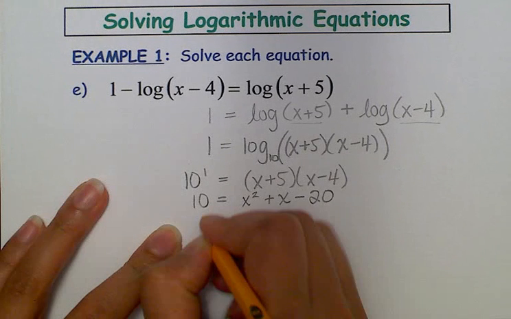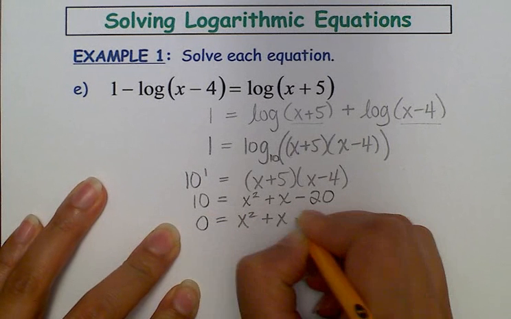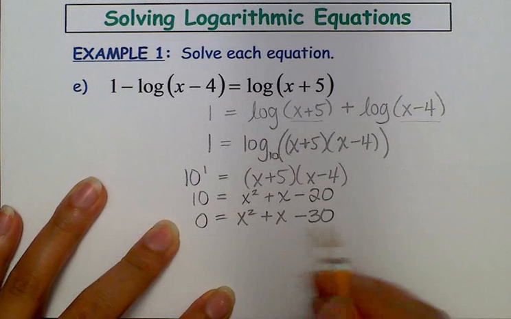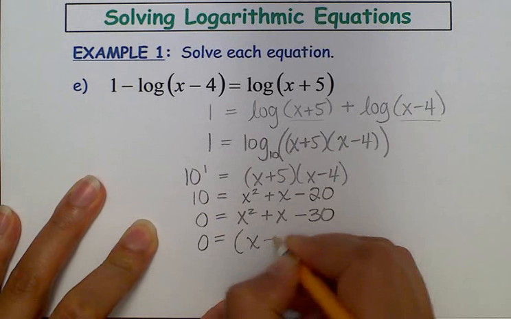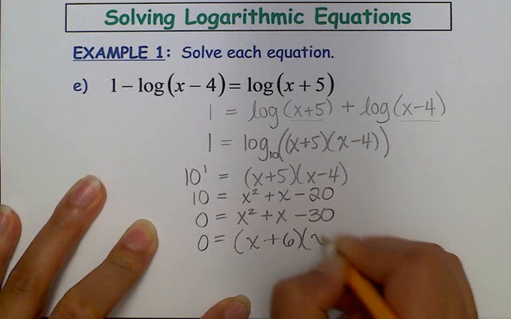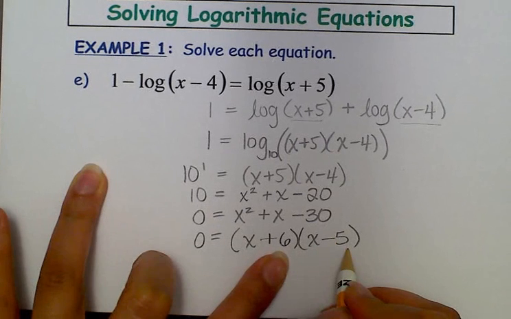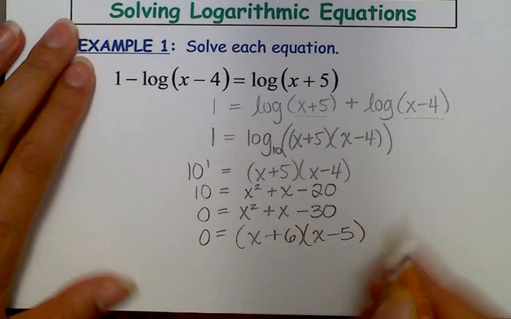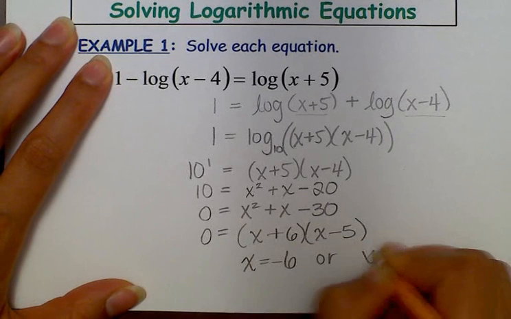So this would be 0 equals x squared plus x minus 30. And then this is actually factorable, so I'm going to factor it to get x plus 6 and x minus 5. So the product is negative 30 and the sum is positive 1. And so what that means is either x equals negative 6 or x equals 5.